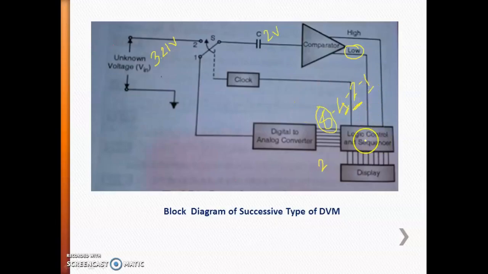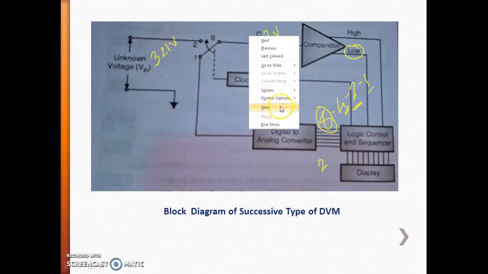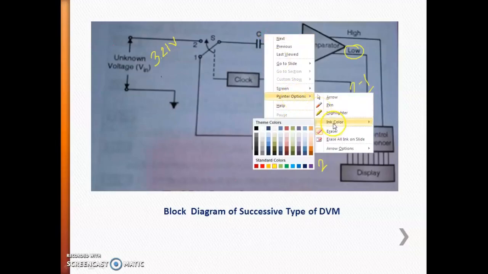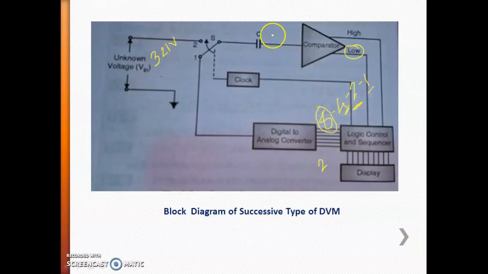This next sequence code, that is 1, is again converted into analog form by the digital to analog converter. It goes to the capacitor through the switch, and here the capacitor is charged to 1 volt.